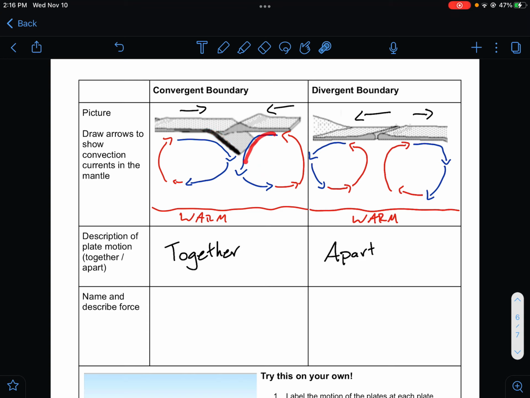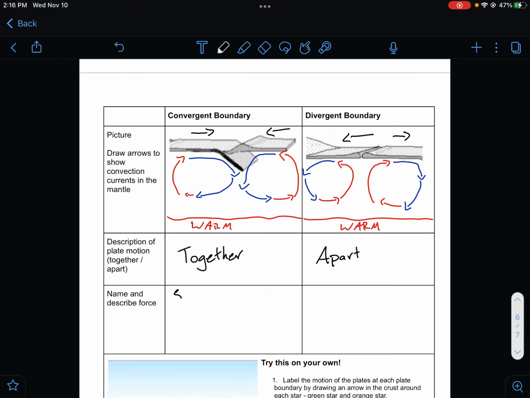So you can see these two arrows right here are pulling that plate down. It's literally yanking that plate down into the mantle. So we know that it has to be getting pulled into the mantle. So this would be our slab pull.